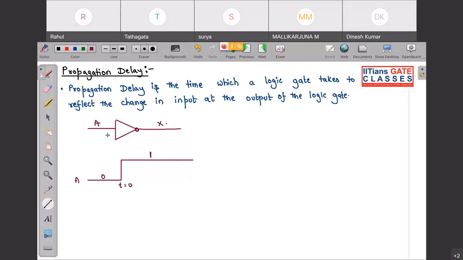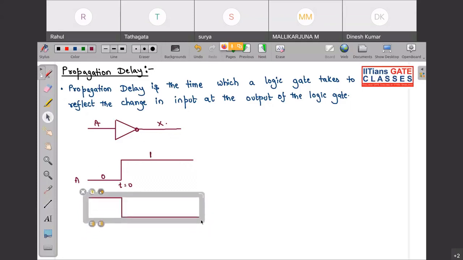See, output is always complement of the input. So output will be something like this. If input makes a transition from 0 to 1 at t equal to 0, then your output should make a transition from 1 to 0 at t equal to 0 if this is an ideal NOT gate.